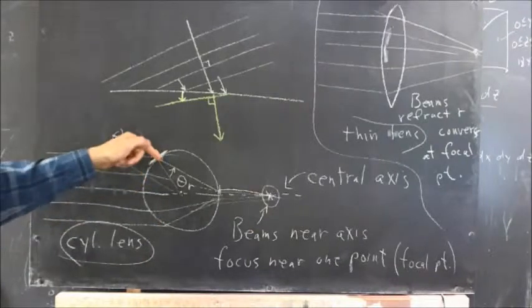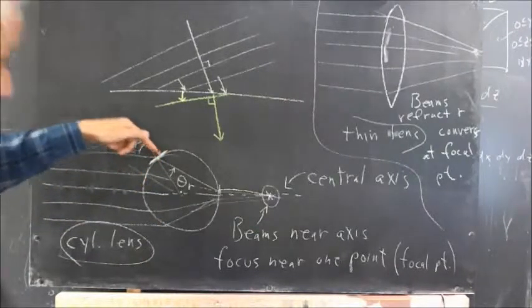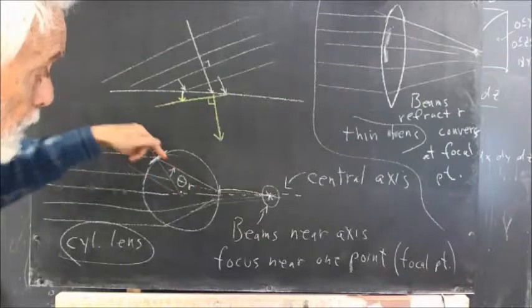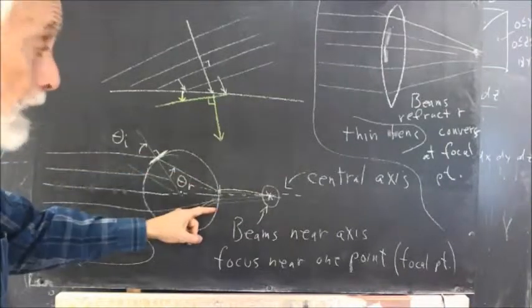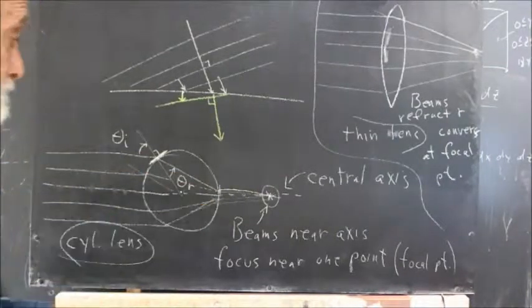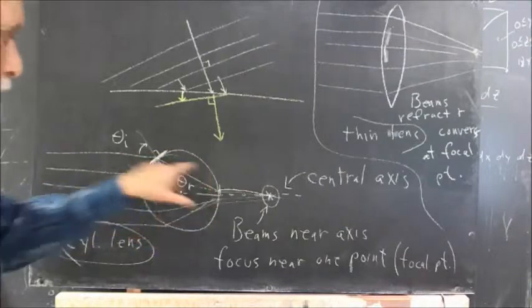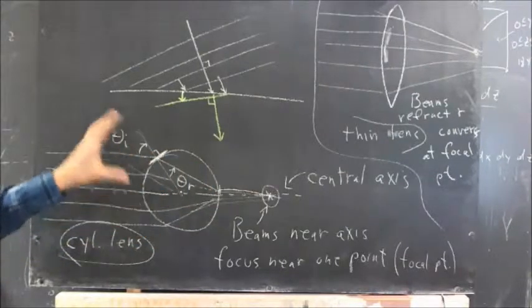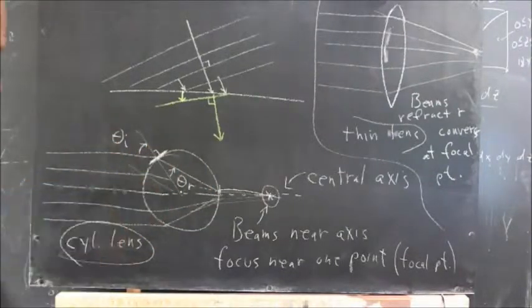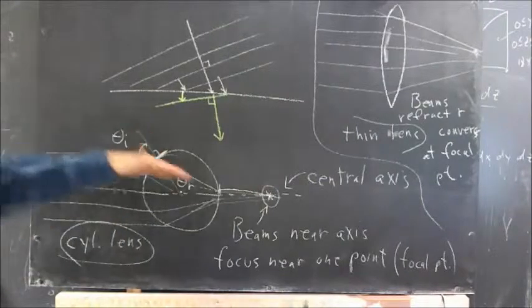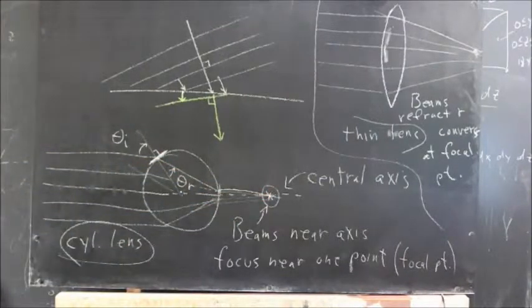If we have a high enough index of refraction, the beams could actually refract to where they cross the central axis before they get to the other side. The index of refraction has to be fairly high, but there are substances that have that sort of index of refraction. So the picture I've drawn here corresponds to indices of refraction less than about 2.